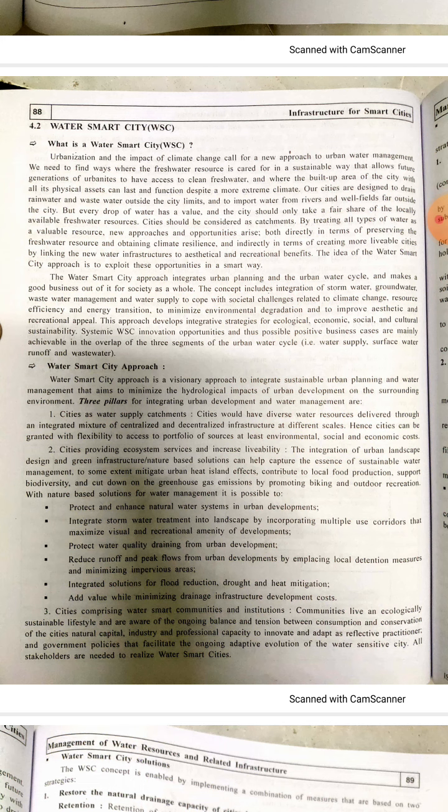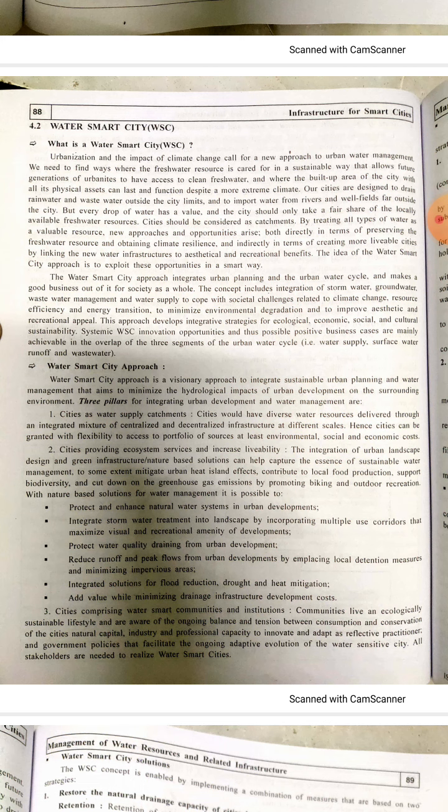In ecosystem service, we protect and enhance the natural water system in urban development and integrate the stormwater treatment into the landscape by incorporating multiple use corridors that maximize the visual and recreational amenities of a development.